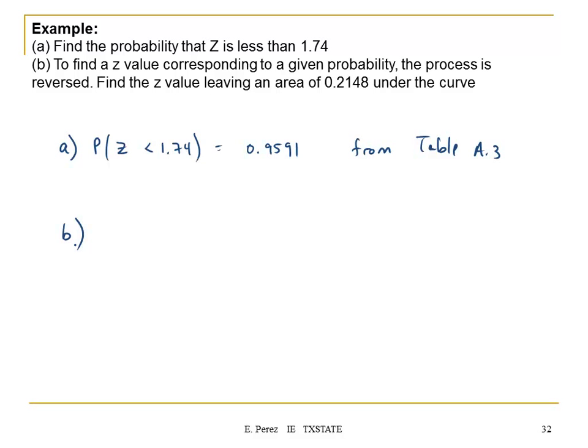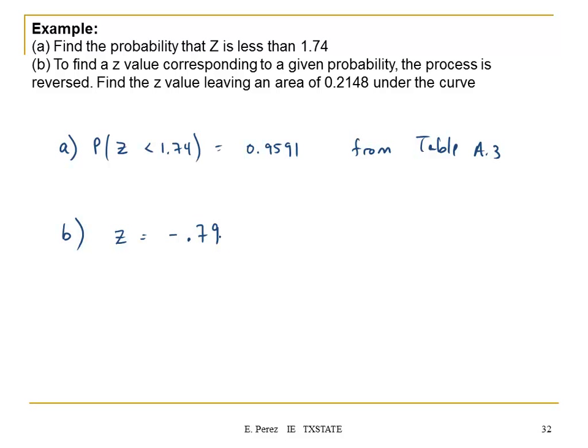And that is negative 0.79, correct. So for that, Z equals negative 0.79. Were you able to find that number? Okay, so two things. You can find the probability for Z, and you can also find the value of Z from the table.